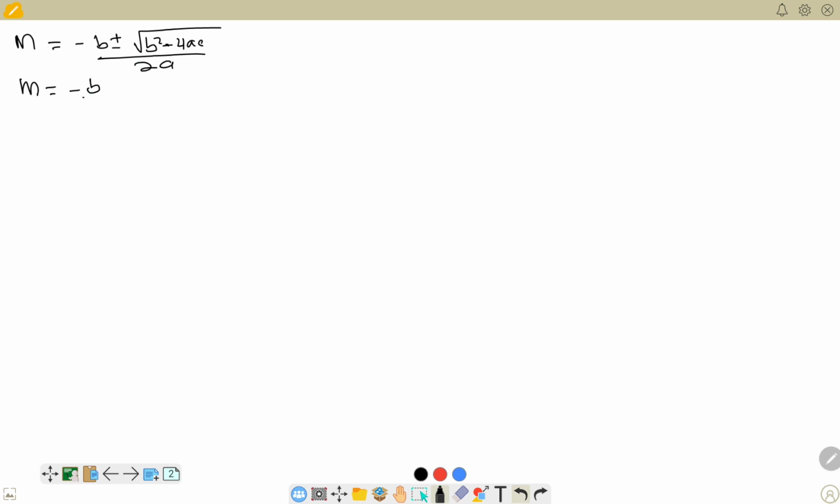Then we'll have negative b over 2a plus or minus the square root of b squared minus 4ac over 2a. This part now will give us real numbers. And then this side here, we will have an imaginary number.